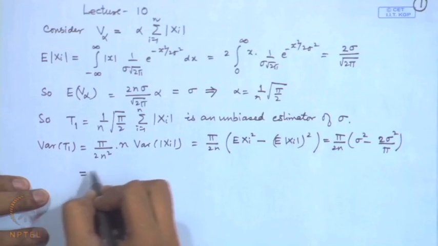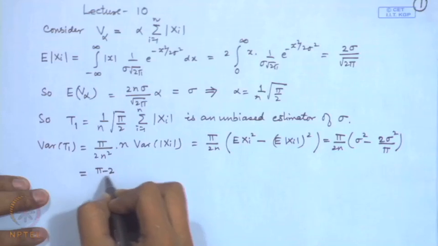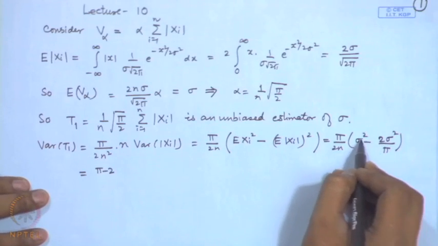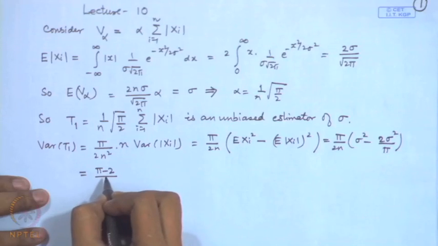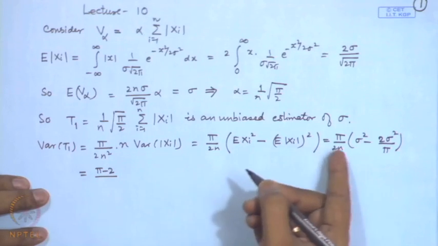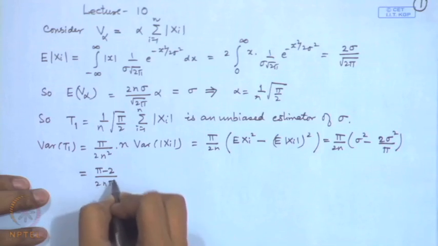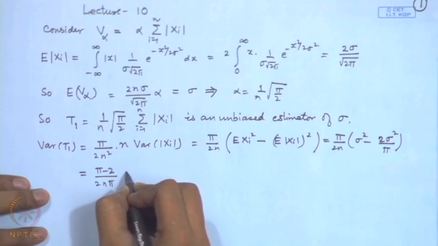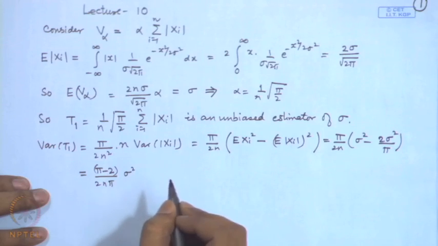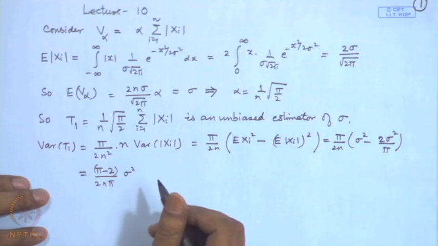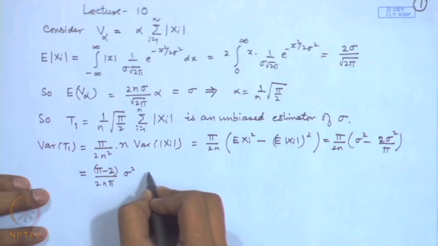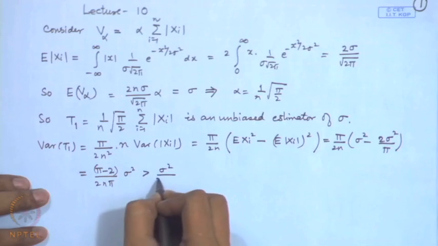So, this can be written as pi minus 2 by pi, and then 2n is there. So, the variance is pi minus 2 by 2 n pi times sigma square. Now, this can be shown to be bigger than sigma square by 2 n.